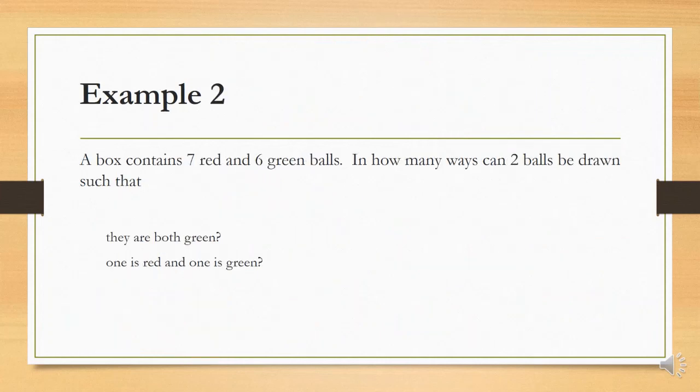Now, for example 2, a box contains 7 red and 6 green balls. In how many ways can 2 balls be drawn such that they are both green? One is red and one is green. So, palagi, no? You have to draw your box. So, all in all, we have 13 balls. And then this box contains yung 7 red balls and 6 green balls.